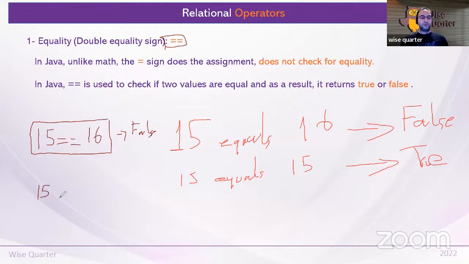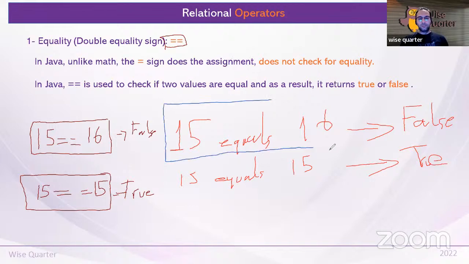For this one, 15 equals 15, it is true. Just like whatever I have written here, you just need to change this word equals with double equal symbols, and you can understand what it means.